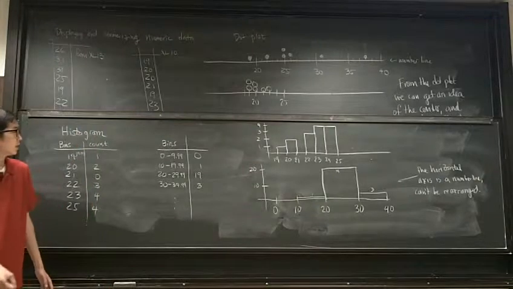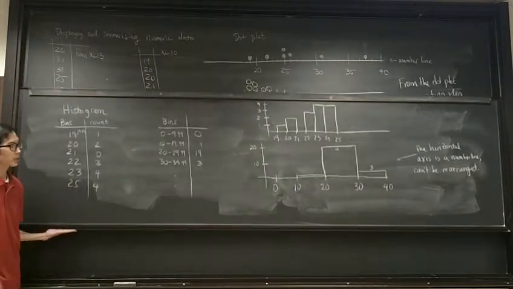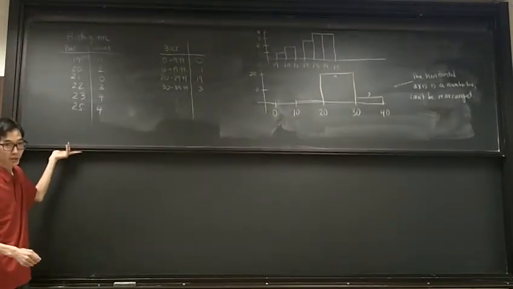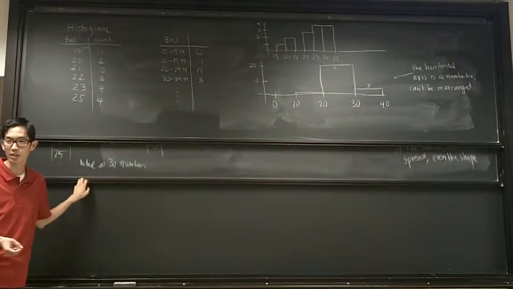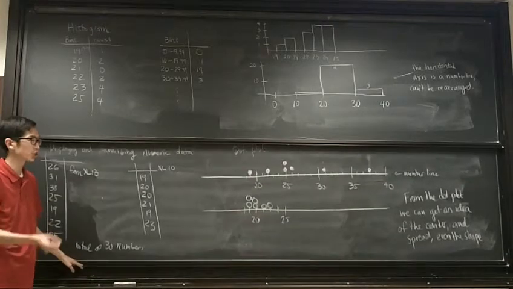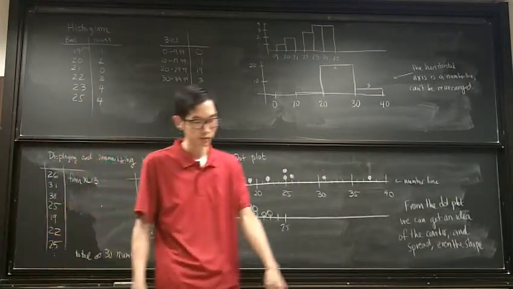Histograms and dot plots are both used for numeric data. We never use a histogram for categorical data. Bar charts are what we use for categorical data.